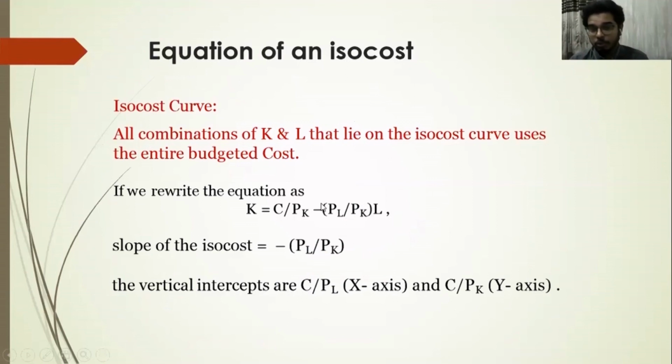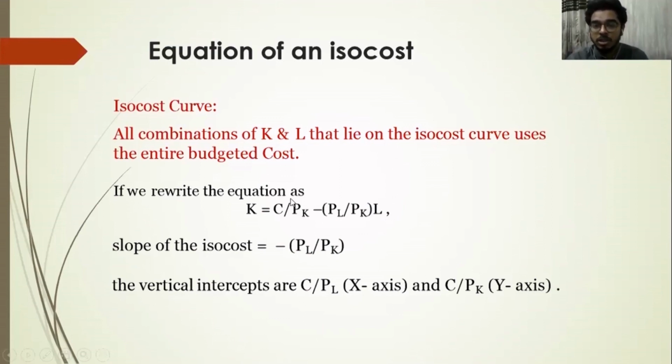Going back to the marginal rate of substitution, if I increase 1 unit of labor, how many units of capital am I sacrificing? That is the rate of change between labor and capital, and the slope of the isocost should be the same thing, but given as PL by PK, that is the price of labor divided by the price of capital, because over here this is my slope and this is a constant.